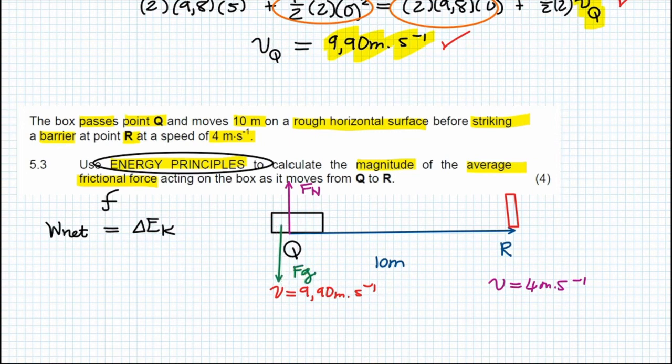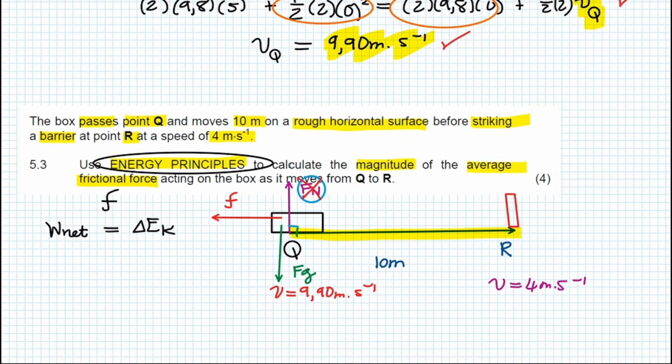Lastly, since the surface is rough, there will be friction. Friction always acts in the opposite direction to the motion. When we look at this diagram, we see that the normal force is perpendicular to the displacement of the object. Therefore, the normal force is not going to be doing any work.